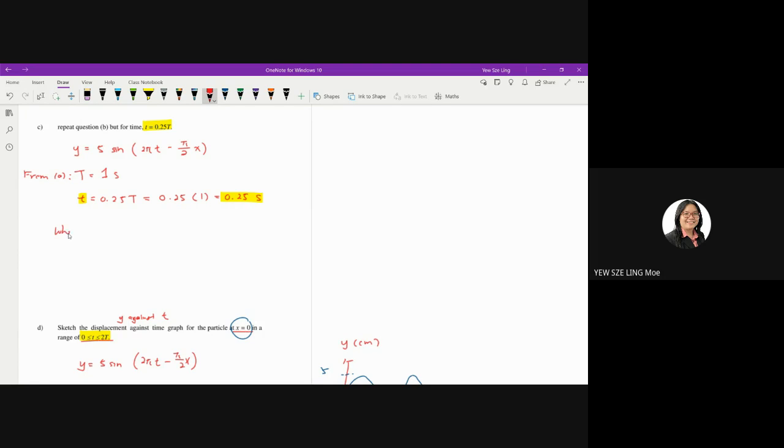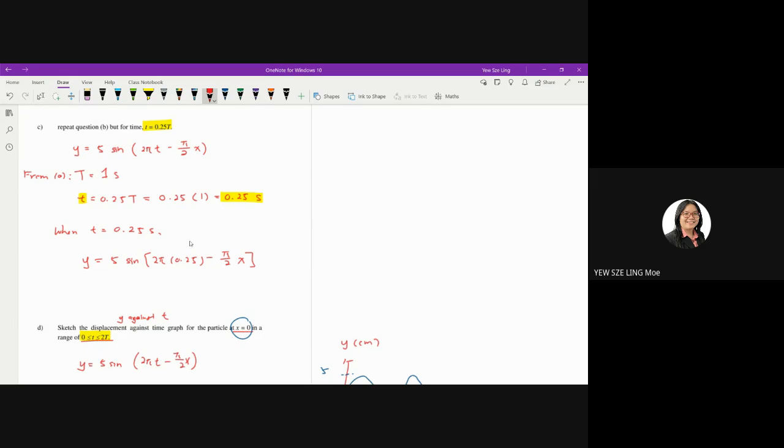So when t is 0.25 second, y equals 5 sine (2 pi times 0.25 minus pi over 2 x).